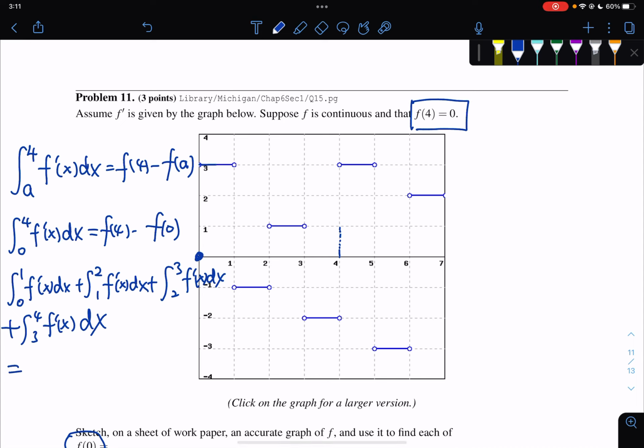In the first piece, my derivative function is given as a height of 3. In the second piece, the value of the derivative is -1. This is positive 1. And here, between 3 and 4, it's -2. So integrating from 3 to 4, I'm having -2.